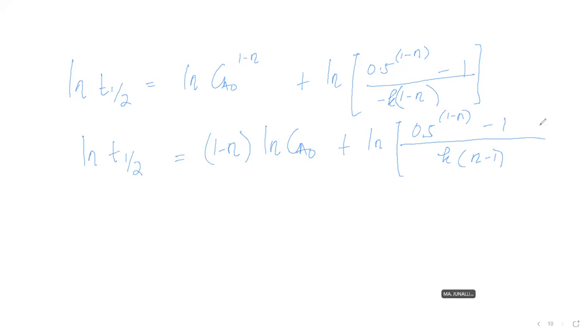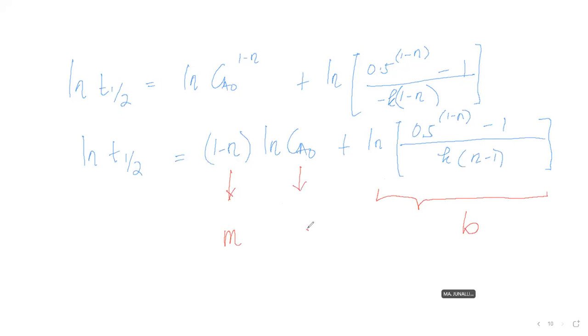This entire expression is the argument of this ln. If you notice here, the k and the n are all constant. So when we speak of a reaction, that k, the rate constant, and that order of the reaction is a constant. So then this must represent the b of your best fit line. This one is the m of your best fit line.